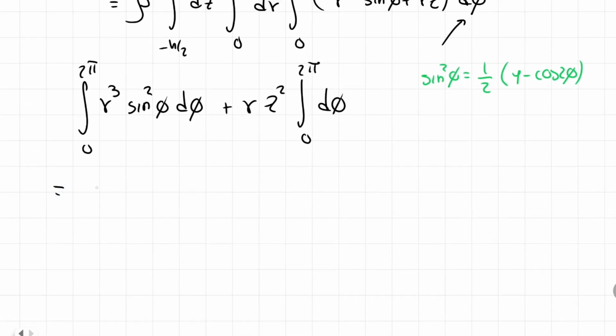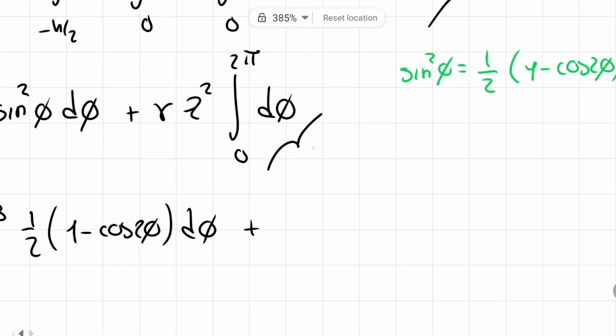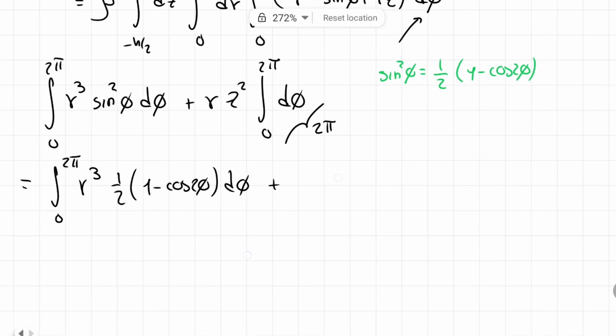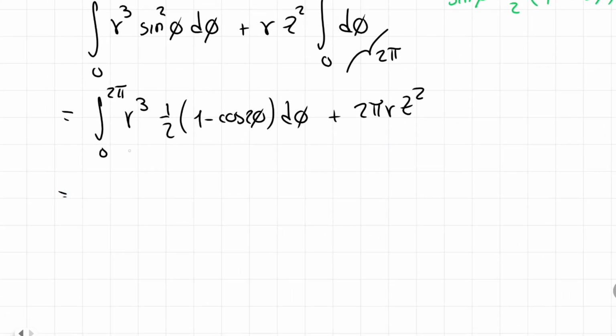And this will be equal to the integral from 0 to 2 pi of r cubed times 1/2 times 1 minus cosine of 2 phi d phi plus, and in this case, this integral is easy to see that it is equal to 2 pi. So we are going to get 2 pi r z squared here. Perfect. You can see that we can split the integral into two pieces.